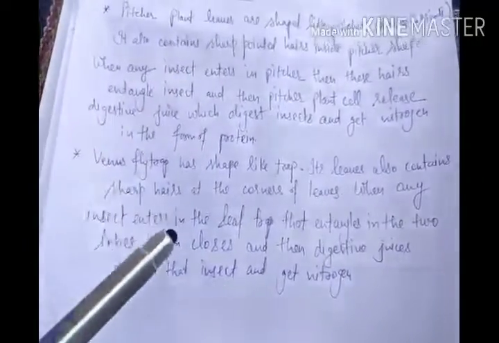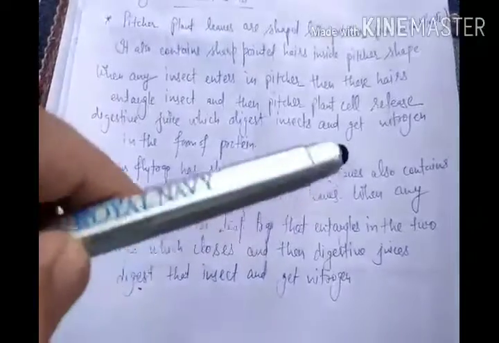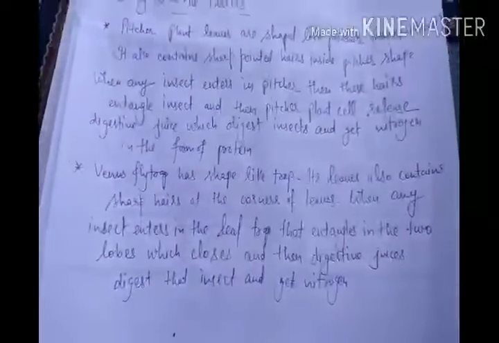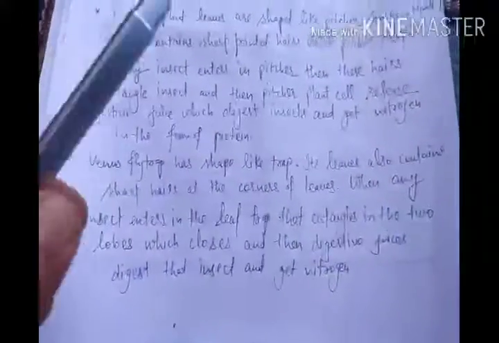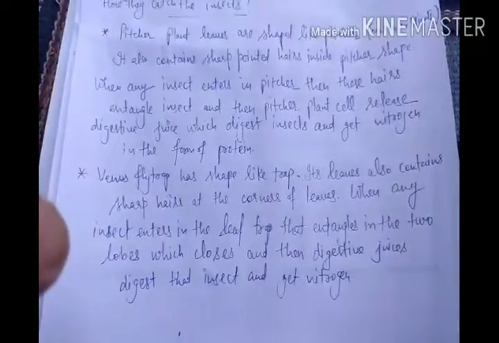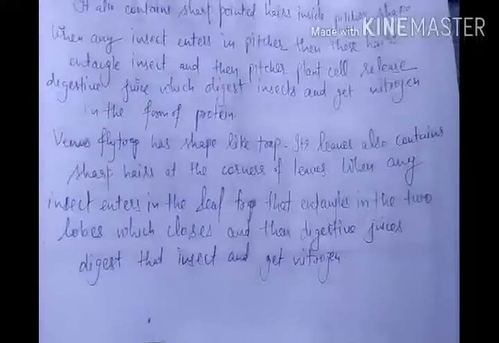So when any insect enters the leaf due to its color, the leaf is divided into two lobes, two sides. Those two lobes close on the insect, and due to the hairs that insect cannot come out of the leaves.